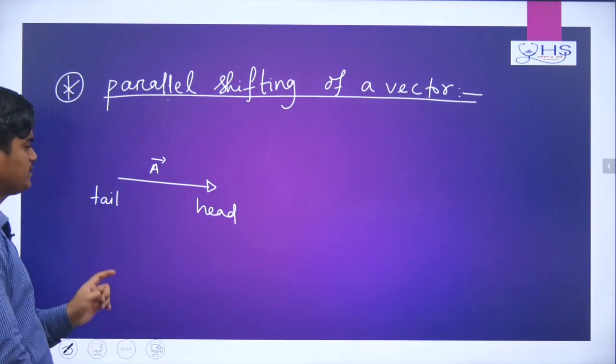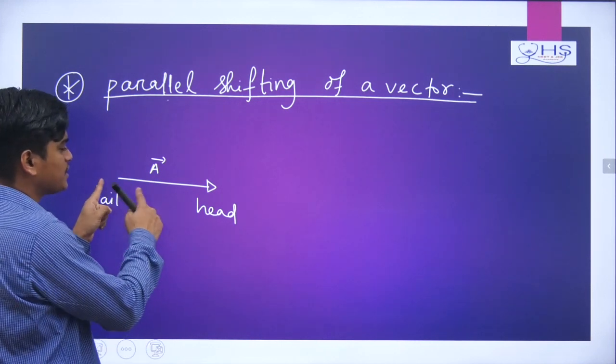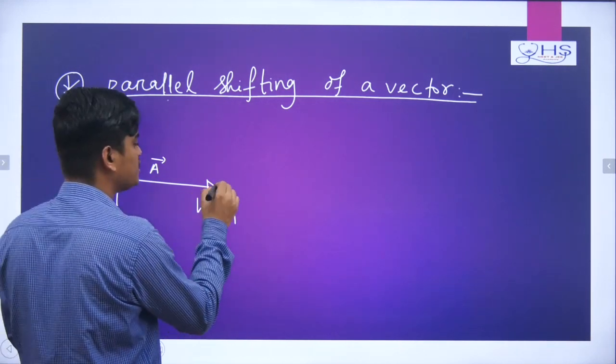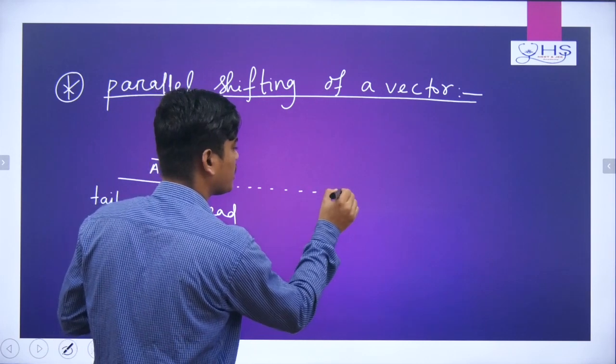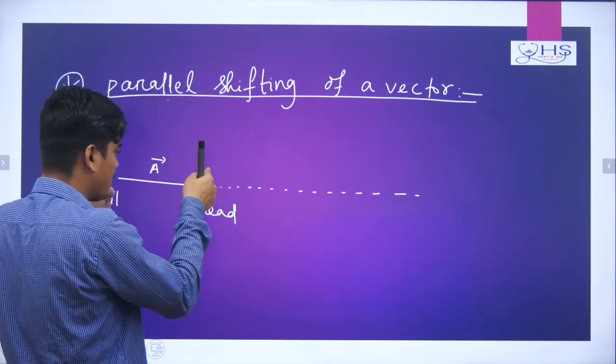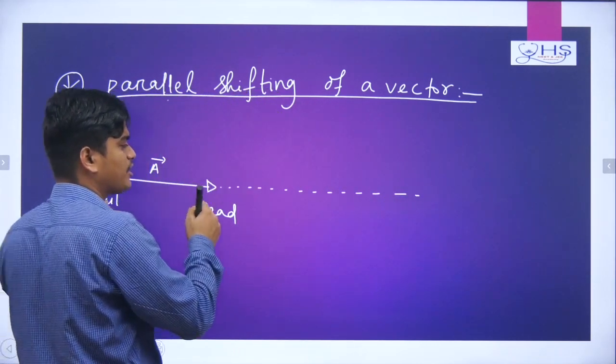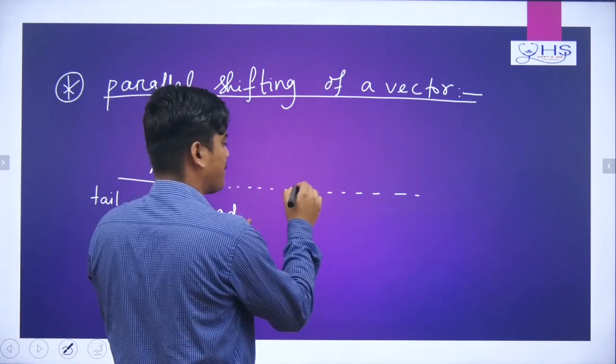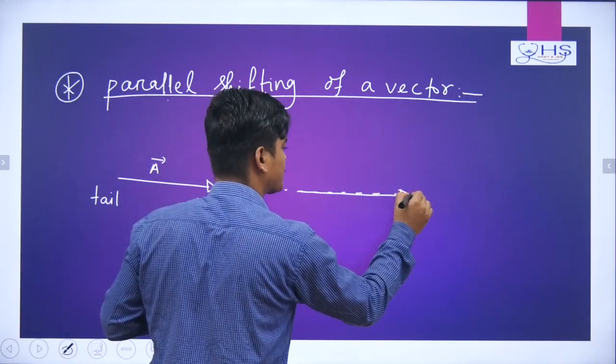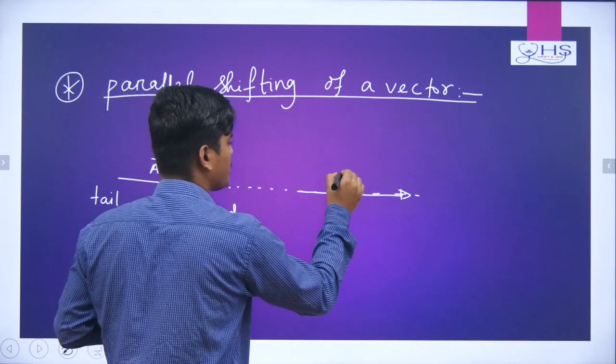Now what can I tell here? I can tell if I keep this direction same, that means here I am taking a dotted line, and the same magnitude I am keeping and the same direction I am keeping, and I am transforming the total vector here. So this will also be a vector.